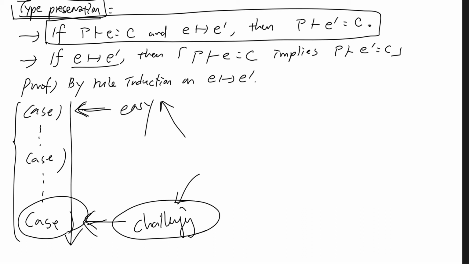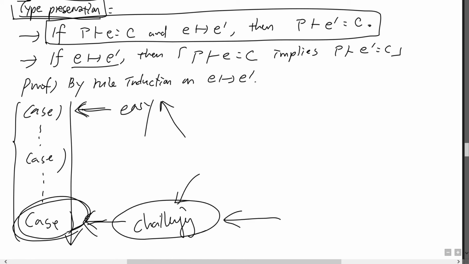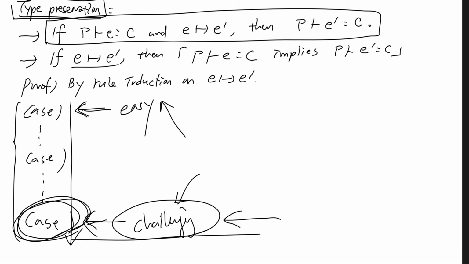So there's no reason not to consider the most challenging case first. If there is something wrong with this type preservation theorem, for instance there is a bug, then things are different. You will not be able to complete the proof. But you believe that you can complete the proof. So this most challenging case should be the first one to visit. Although I admit that it sounds quite counterintuitive, everybody wanted to consider the easiest case first.